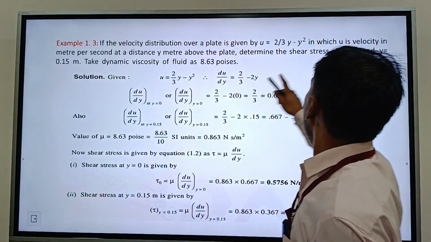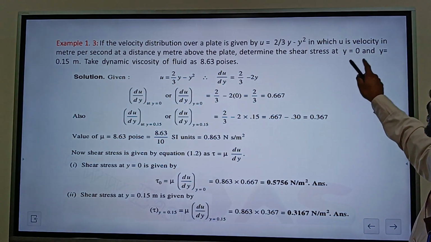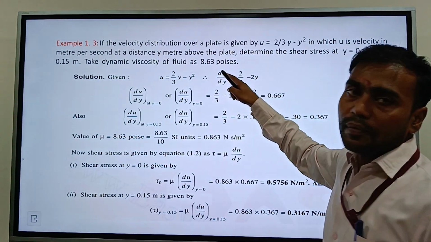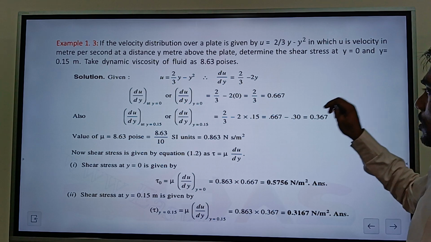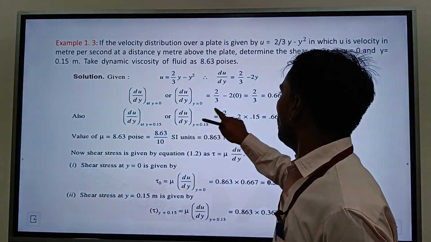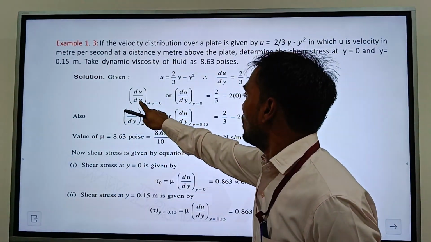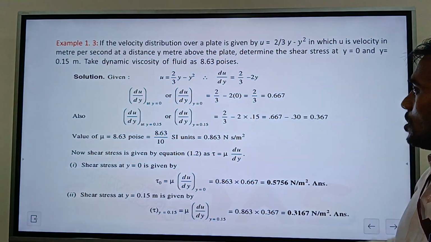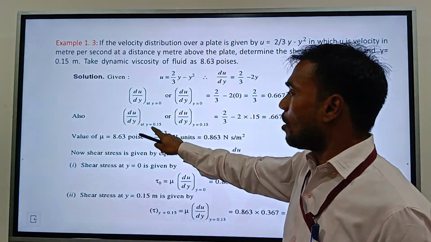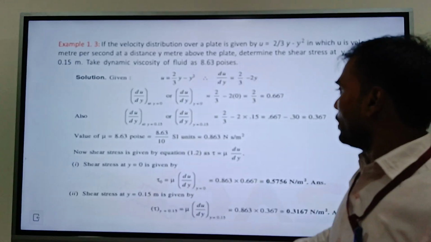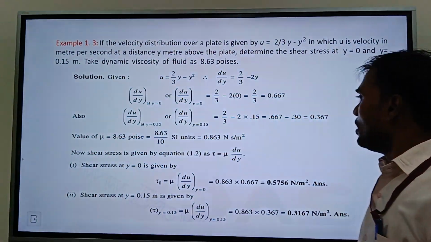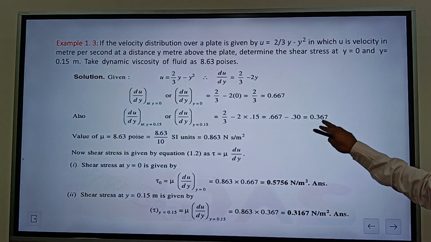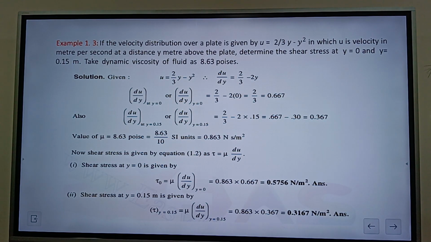If we put the value of y equal to 0, it will give the rate of velocity variation at y equal to 0. Similarly, if we put the value of y equal to 0.15, it will give the velocity variation at y equal to 0.15, which will be equal to 0.367.